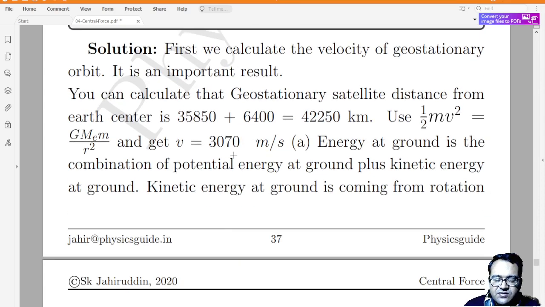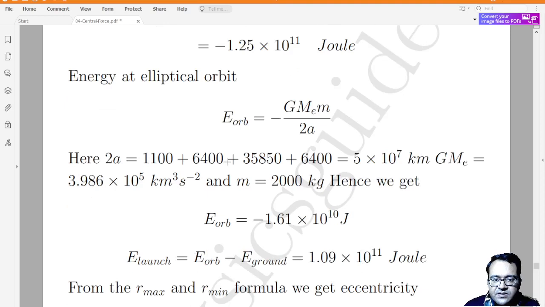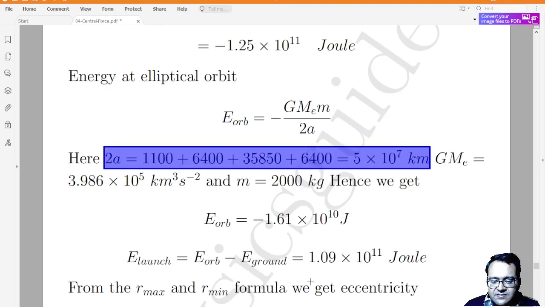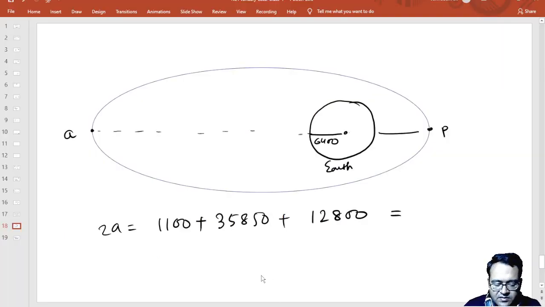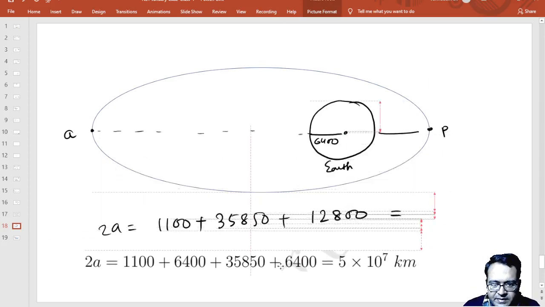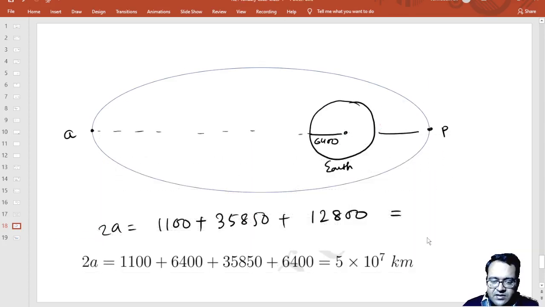Geostationary satellite, okay, we need this. So 2a is approximately 5 into 10 to the power 7. This is approximate, not exact, but we might have exact calculations there.